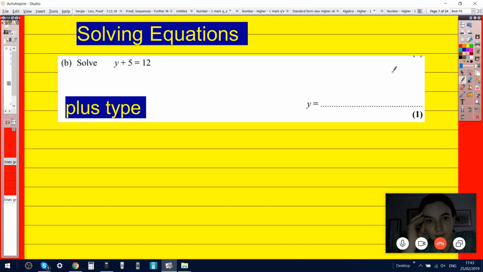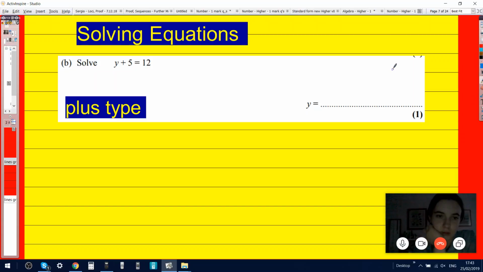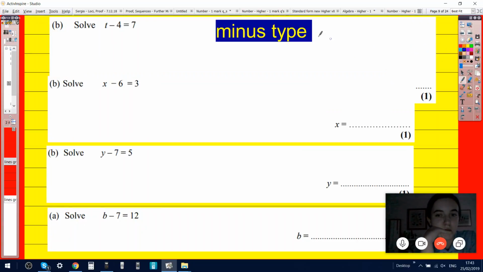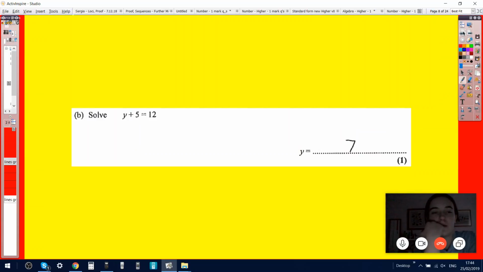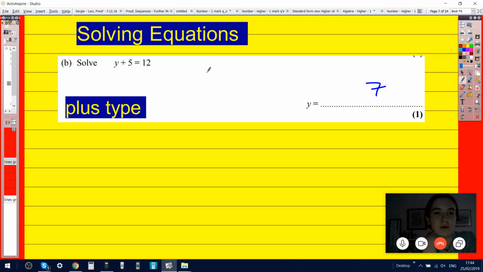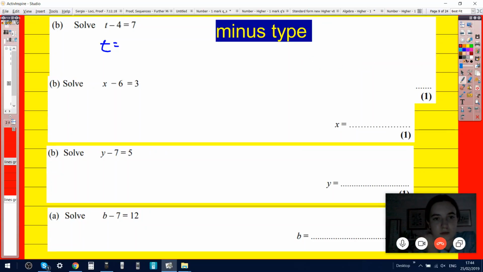Okay. What is this one? y equals 7. t equals 3. So for this, equals 10. Hold on. So this one? Oh wait, 11. Yeah, so you do plus 4 to both sides.